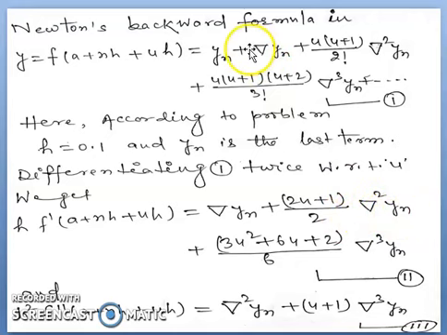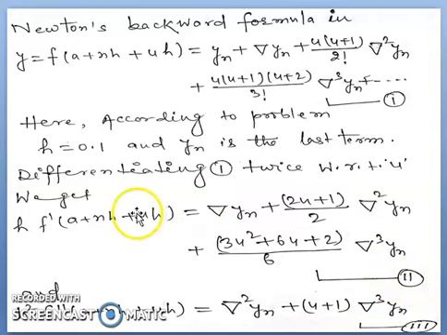Here I think something is missing, here is u. So write down the formula yn plus u of del yn, so put here u. And the third value of the differentiation: first you multiply and then you differentiate, it becomes 3u square plus 6u plus 2 divided by 6 del cube yn. This is the first derivative of Newton's backward formula.